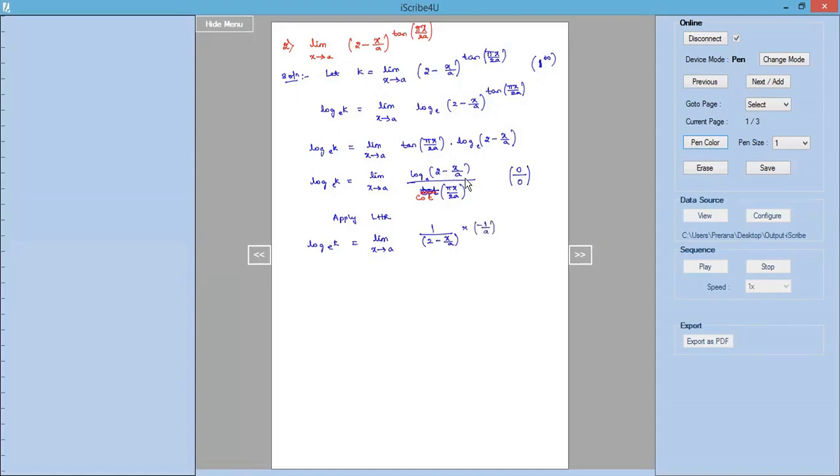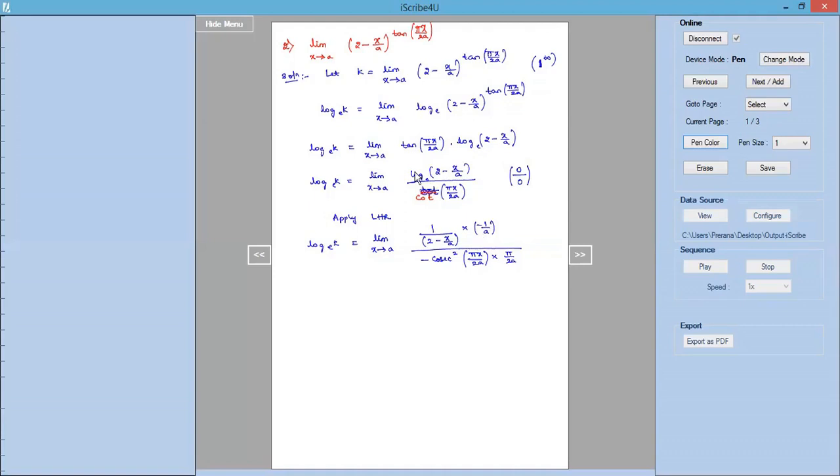Differentiation of 2 is 0 minus differentiation of x by a is minus 1 by a. The whole divided by differentiation of cot theta, which is minus cosecant square theta. So this will be minus cosecant square pi x divided by 2a into differentiation of pi x by 2a, which is pi by 2a. So we should not forget to apply the chain rule concept.